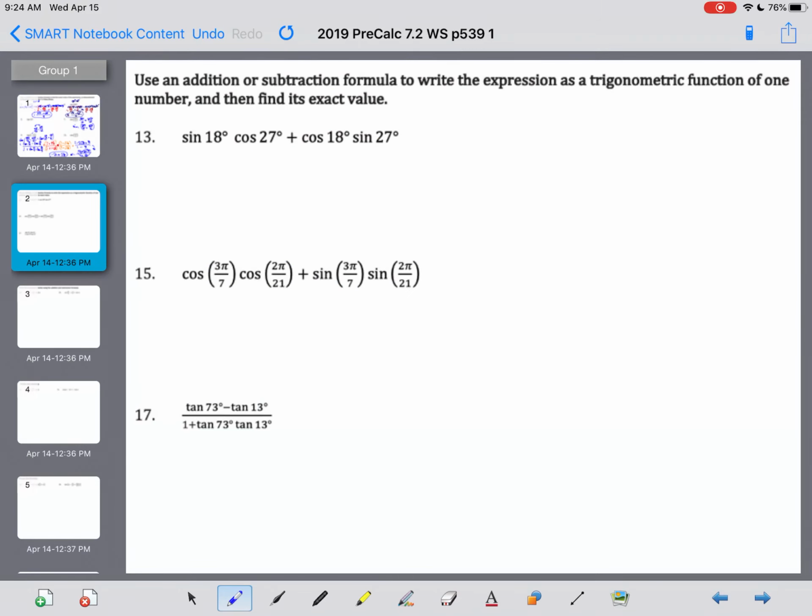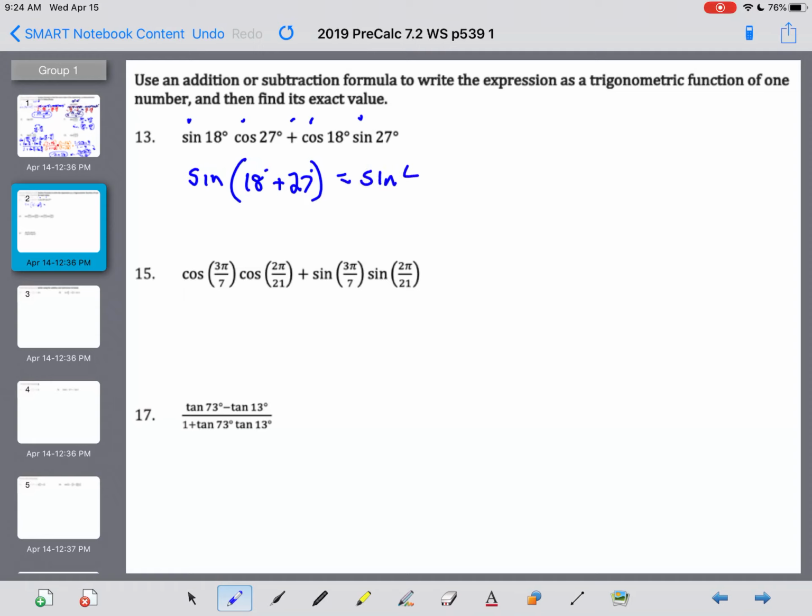Next problems here are doing the reverse of what we did here. We look to see if we have a pattern that goes with one of our addition or subtraction formulas, and this one is sine addition. So I'm simply going to say, I can add these two angles together into the sine function.